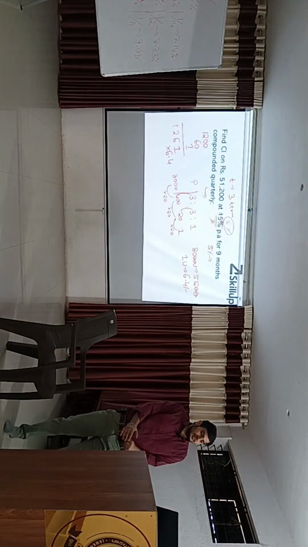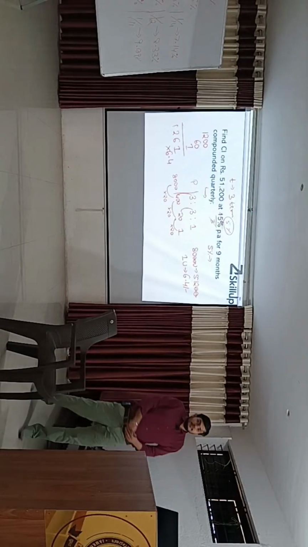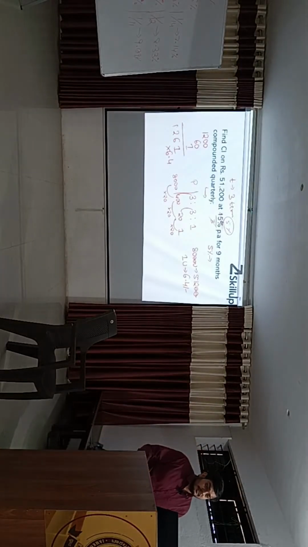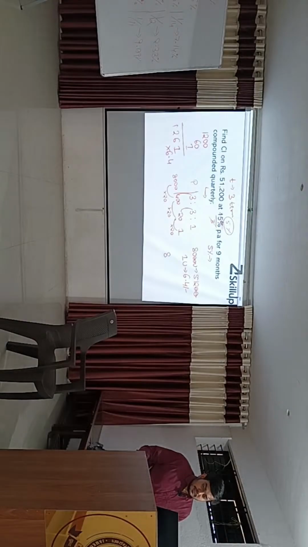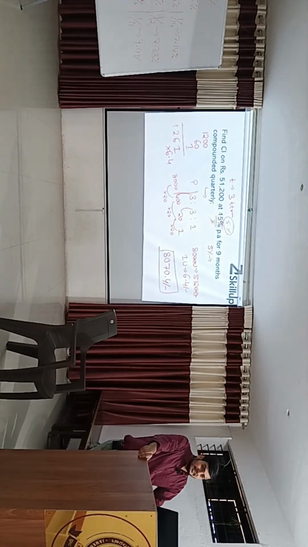So 1621 units is how much? 1621 into 6.4 is 8,070.4 rupees. That is the amount you will get in 3 terms. That is 9 months.